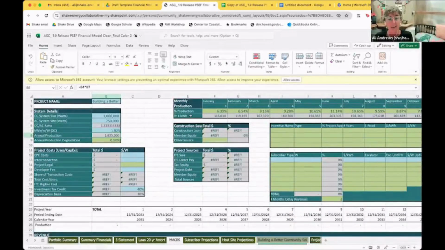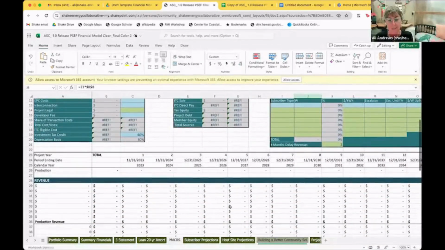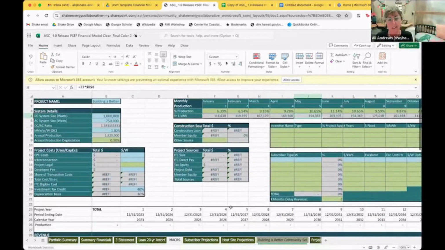And you might have noticed that right over here, in this table, it populated automatically the monthly production. So this is now telling us how many kilowatt hours per month the project is spitting out, which will be important down here in the revenue once we tell the model what price the utility or the subscribers are paying per kilowatt hour. So that is handy.